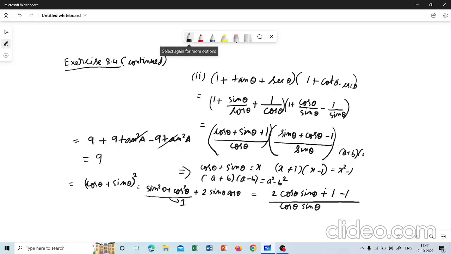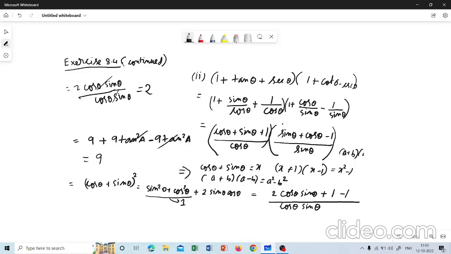It will get cancelled. 1 minus 1 is 0. So the remaining term in the numerator will read as 2 cos theta sin theta by cos theta sin theta. So now if I cancel, the answer is 2. So for this question the answer is 2.